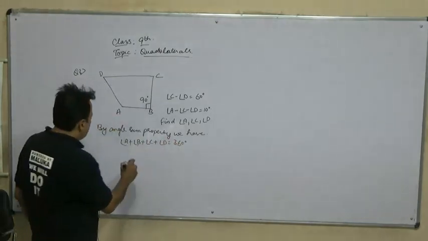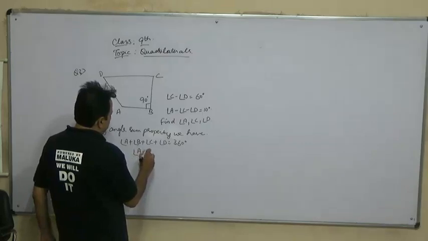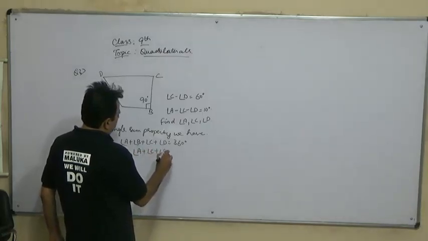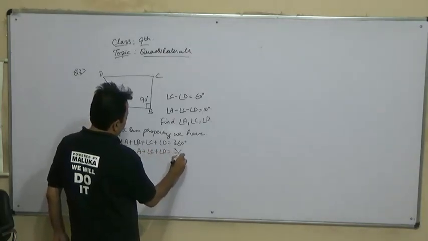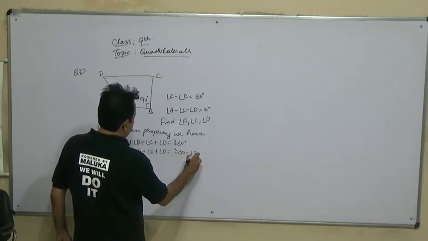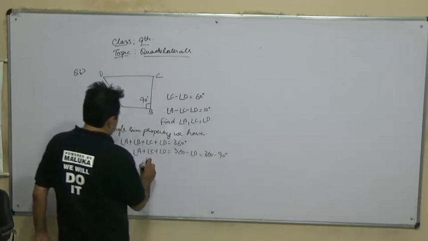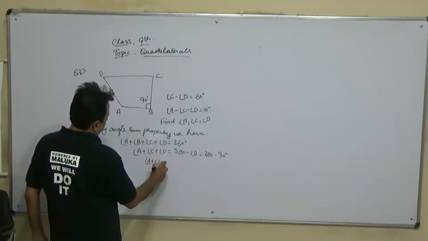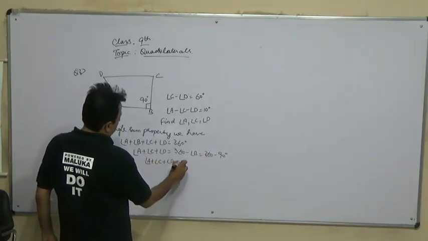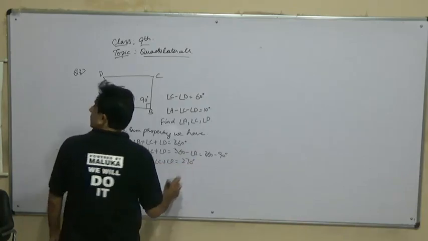We take B to the other side. Angle A plus angle C plus angle D is equal to 360 degree minus angle B, which is 360 degree minus 90 degree. So angle A plus angle C plus angle D is equal to 270 degree.